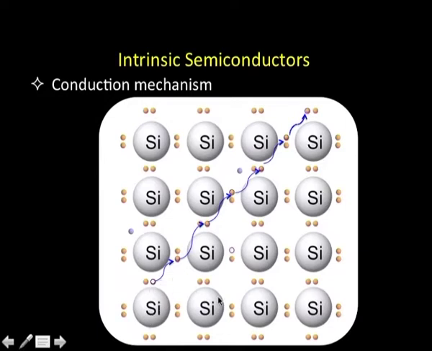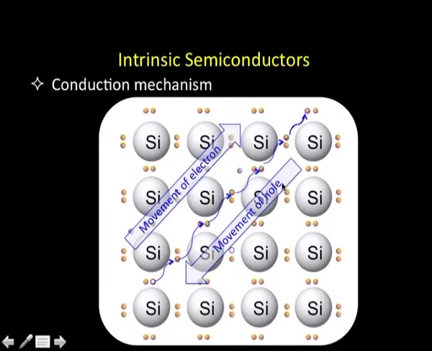Effectively, there are two kinds of movements. One, movement of the electron in this direction, from here to here, and the hole has moved in the direction opposite to it. So, the conduction is in terms of the movement of electrons. That is how conduction takes place in intrinsic semiconductors like silicon.